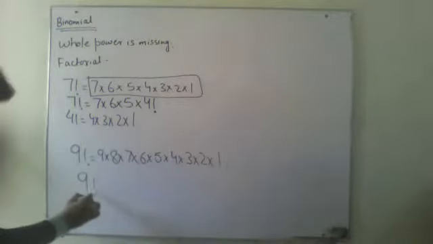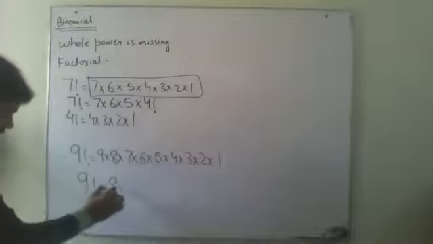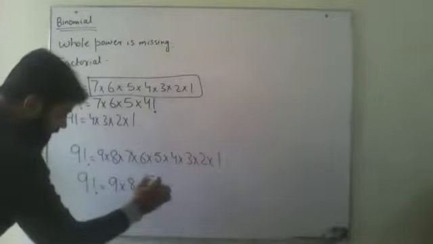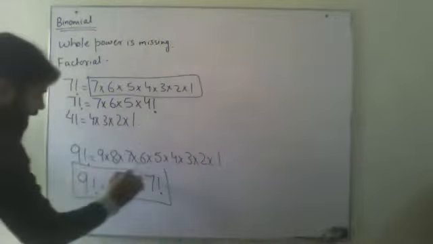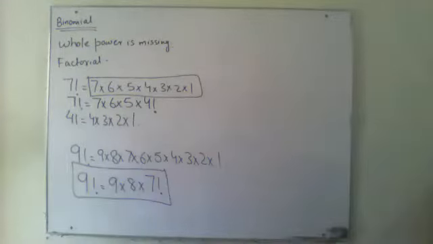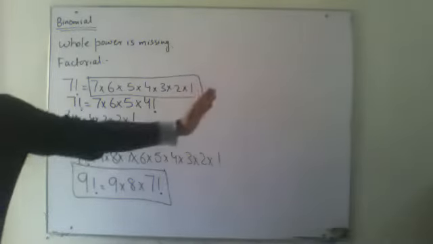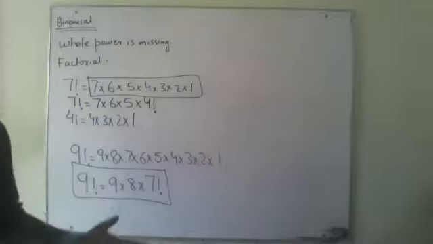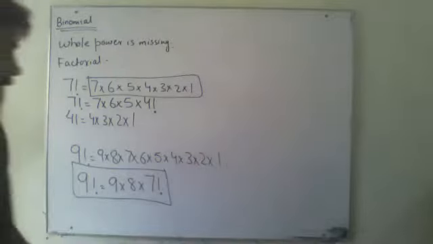So 9 factorial can be written as 9 into 8 into 7 factorial. It all depends on what your condition is asking for. If your condition is asking for the whole thing, you will expand it fully. Otherwise, at any point I can convert it into factorial form.